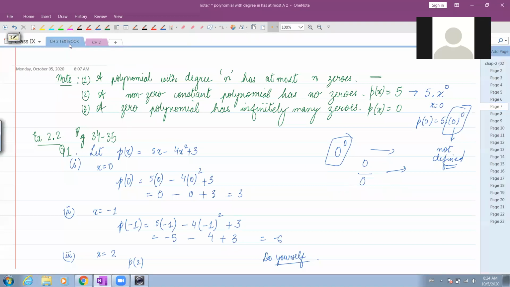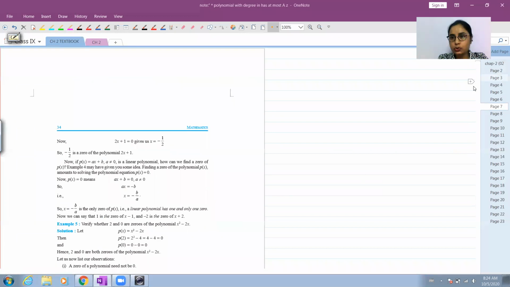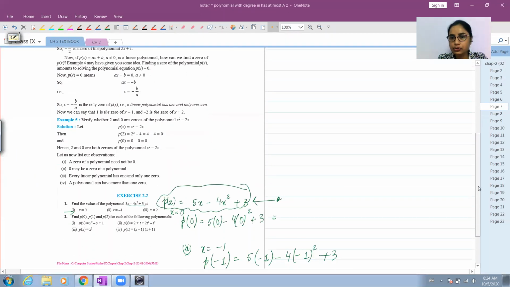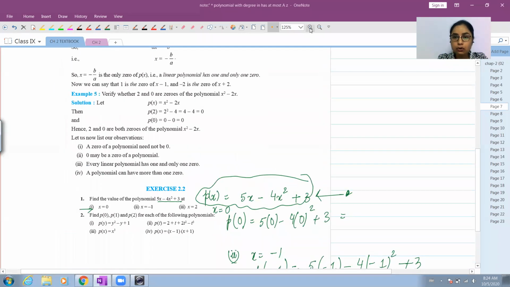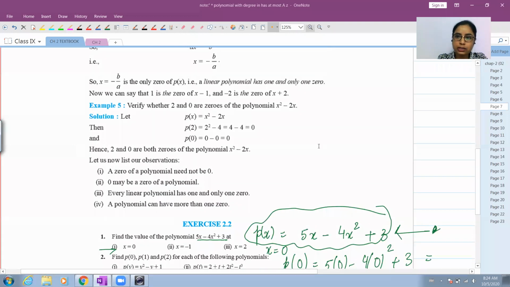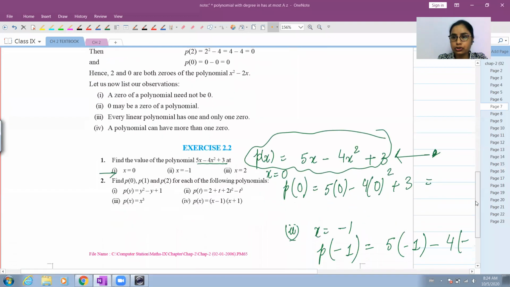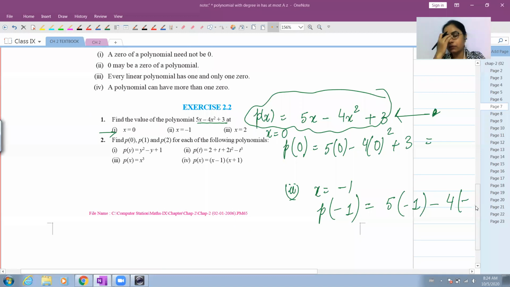Yes, ma'am. Question number 2, again, it's evaluation of the polynomial for various values. Now look at the way the statement has changed in question number 1 and question number 2. In question number 1, they had given you the polynomial and then they had given different values for which you wanted to solve your polynomial.